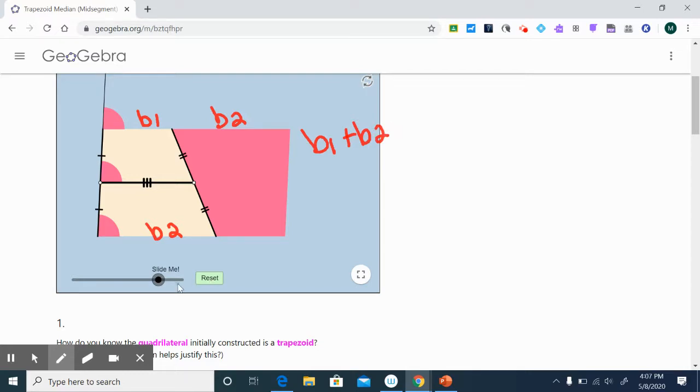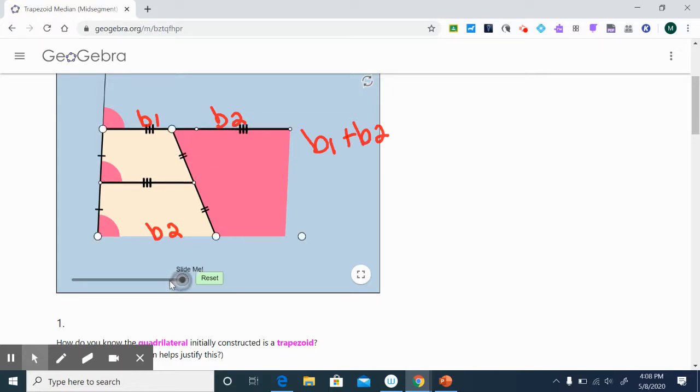Now we're going to see how the midsegment compares to the length of base 1 and base 2. So if I keep sliding this, there's the midsegment, and it's hard to tell, but we can kind of see about how much of that length we think it is. It looks like it's about half, but we're going to keep sliding to double check to see how many midsegments we can fit in here.